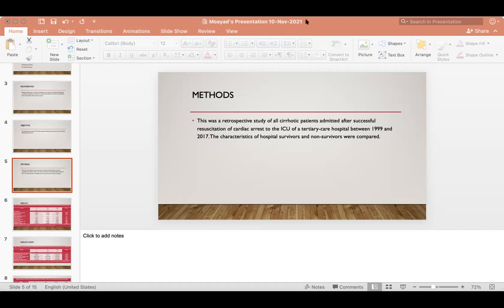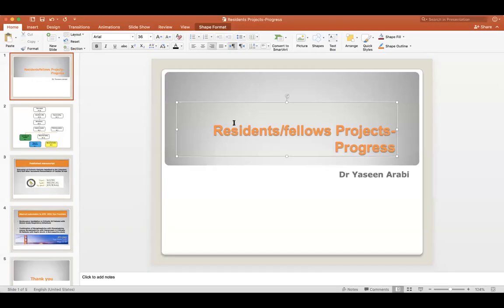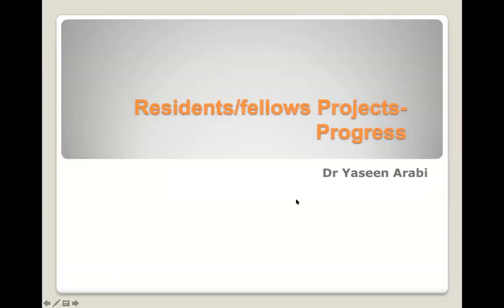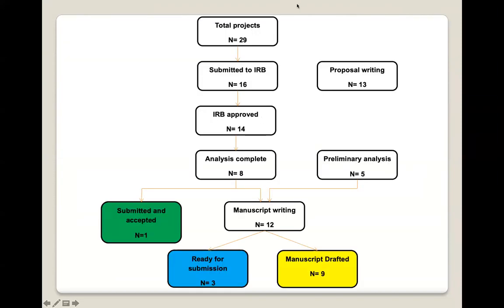So with this, I want to share with you the overall progress on residents and fellows projects. And I would like to invite the residents and fellows to continue their excellent work like the one we've seen with Dr. Moyed and Dr. Salim today. At present, we have 29 projects for residents and fellows.